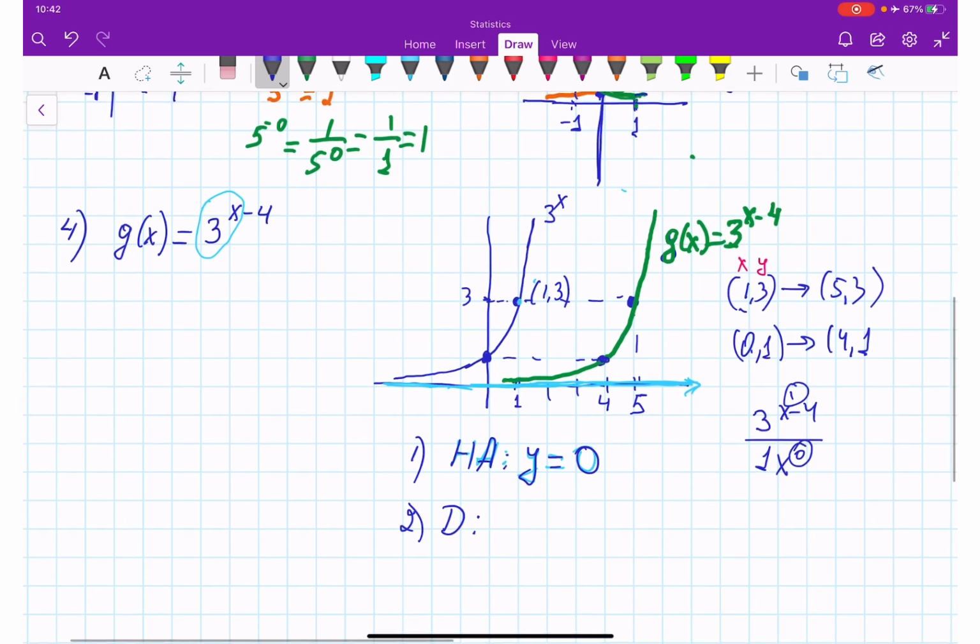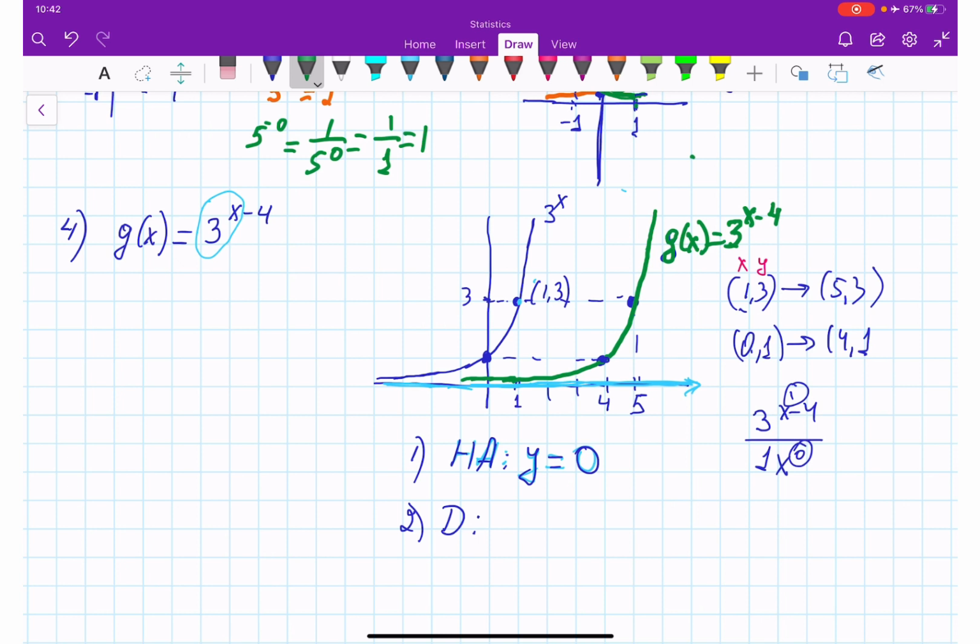Remember what I told you in previous videos. If we don't have any break on the graph and the graph goes smoothly everywhere, then the domain is going to be what? From negative infinity to positive infinity.